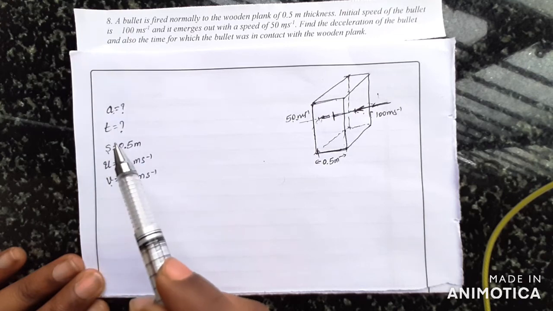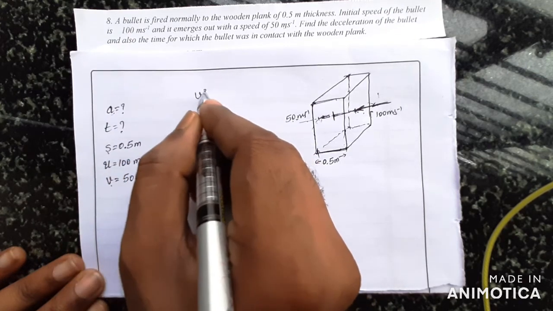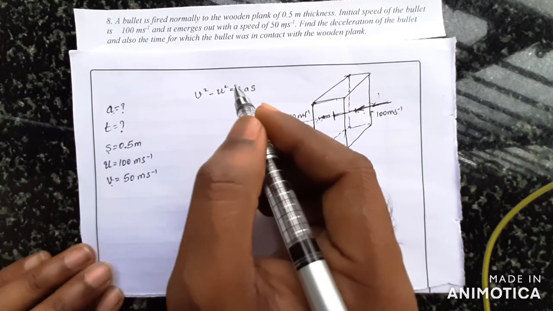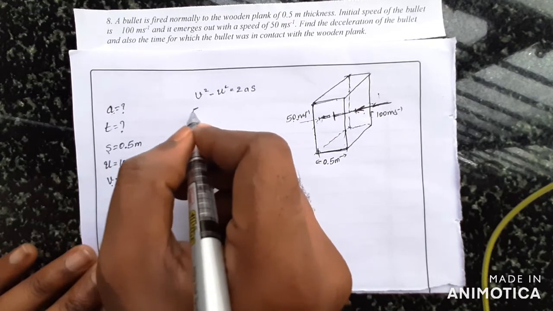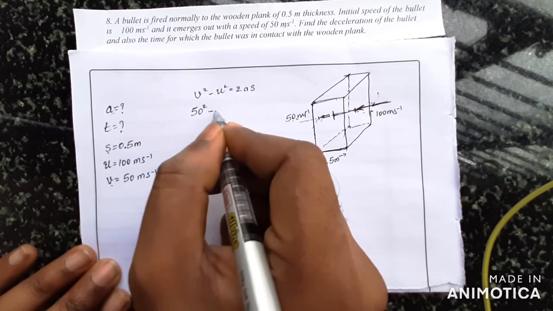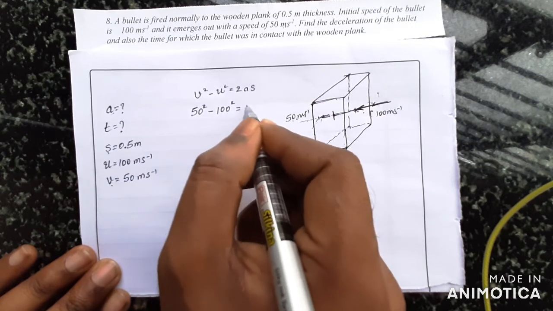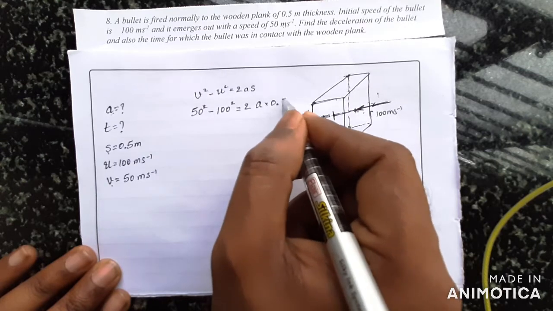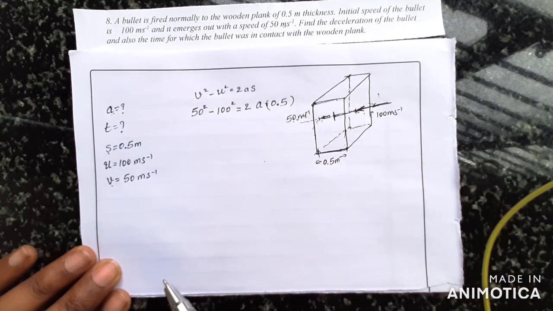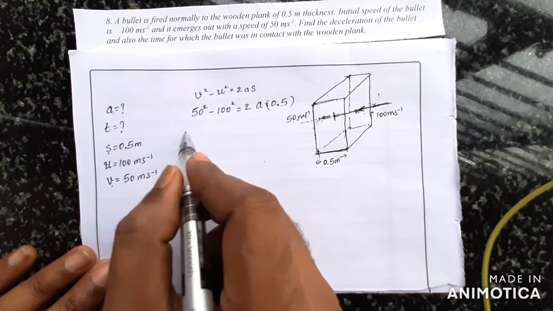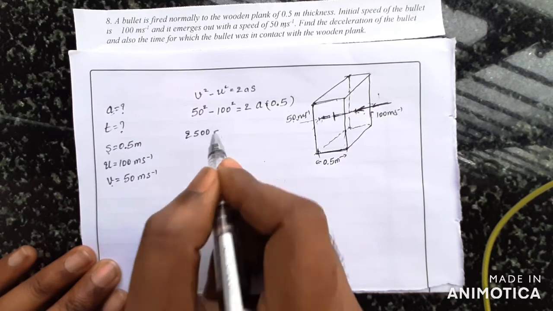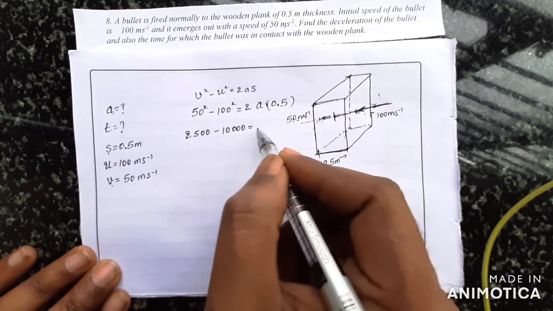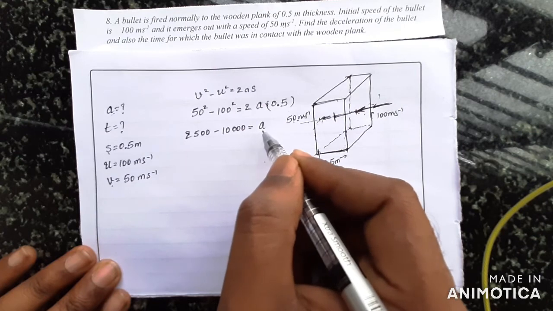We need to find a, which is the formula v squared minus u squared is equal to 2as. v is 50 squared minus u is 100 squared is equal to 2 times acceleration, s is 0.5. So 50 squared is 2500 minus 100 squared is 10,000 is equal to 2 into 0.5 is 1. So it is going to be simply a which is left in the RHS.